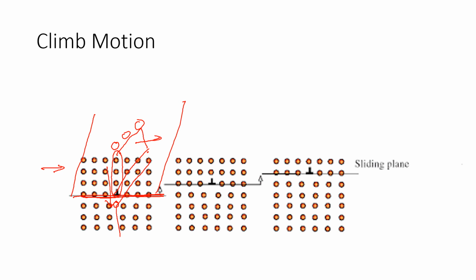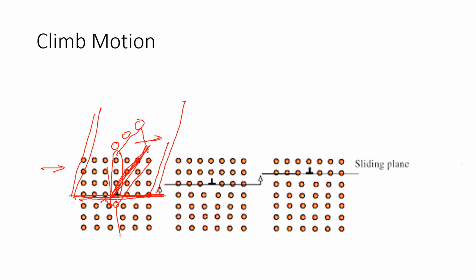In that case, the motion of an edge dislocation is on a plane perpendicular to the glide plane. Here we know this is the glide plane, and this is the edge dislocation. It is moving either up or down, that means it is moving perpendicular to the glide plane.